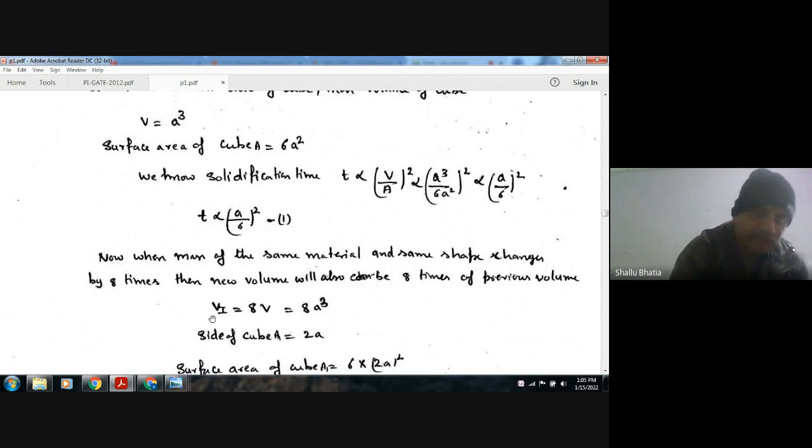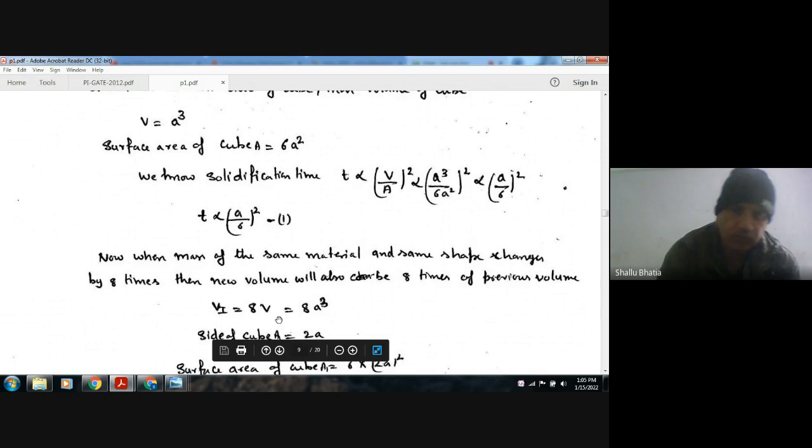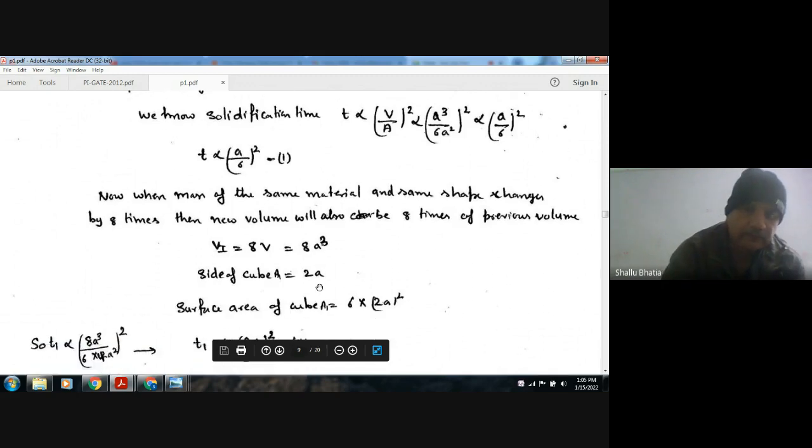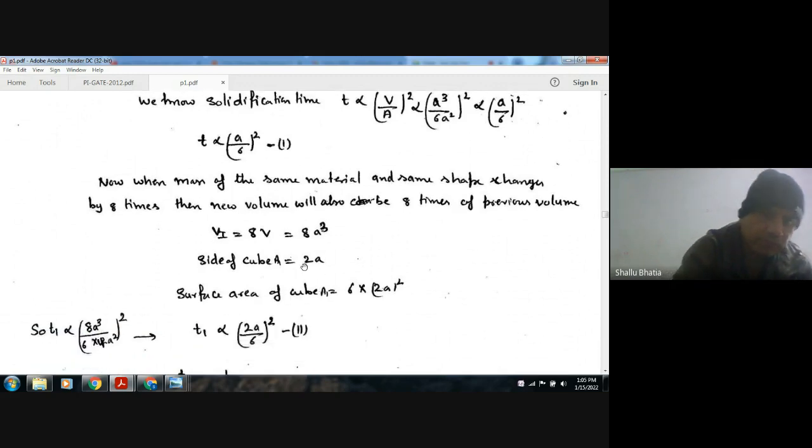As the mass is 8 times the previous mass, the volume will also be 8 times the previous volume. Previously the volume was a cube, now the volume is 8a cube, and the side of the cube will then be 2a.